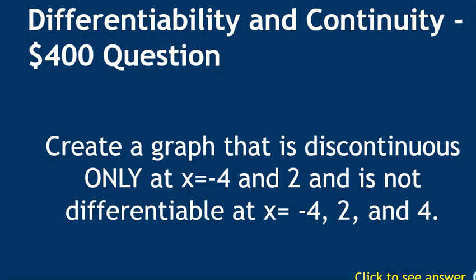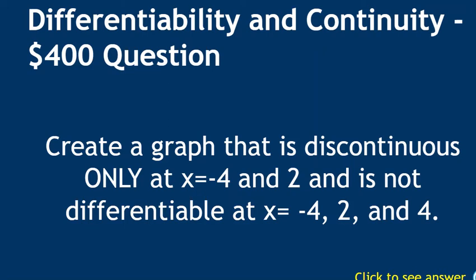All right, so let's see what he's got. He's got at x is equal to -4, it's discontinuous. And at 2. Is it supposed to be discontinuous at 2? Oh, 2, there's a hole there, imagine. I read that too. So this has got to be a hole, discontinuous, and is not differentiable at -4, 2, and here's our cusp.